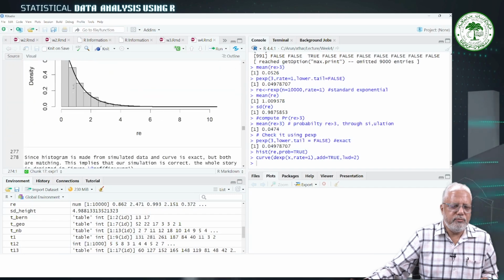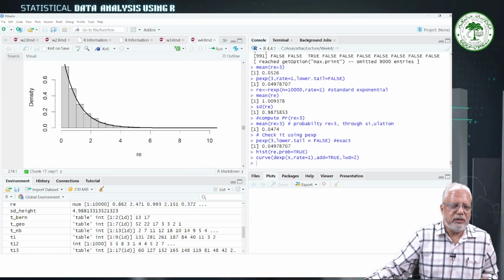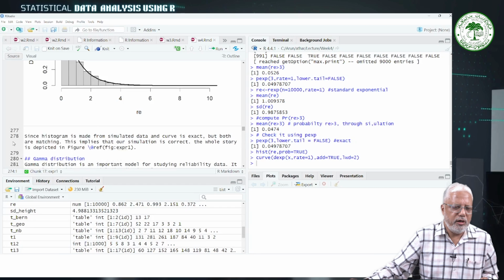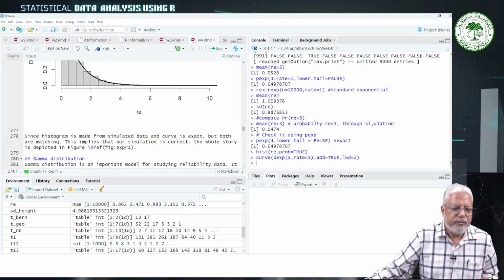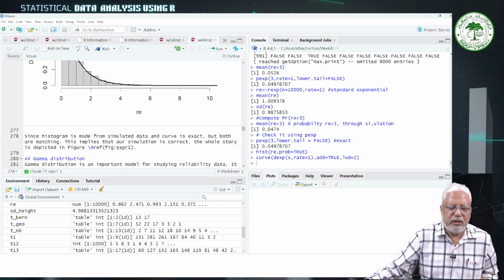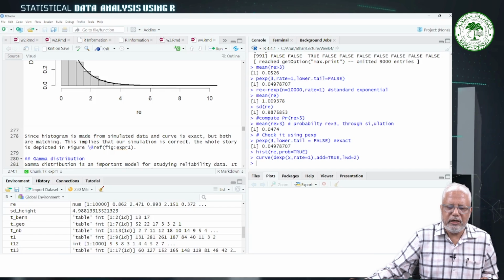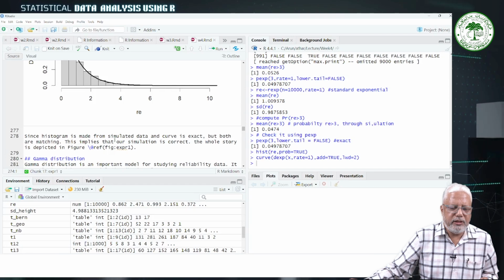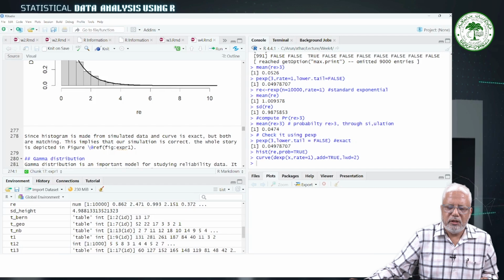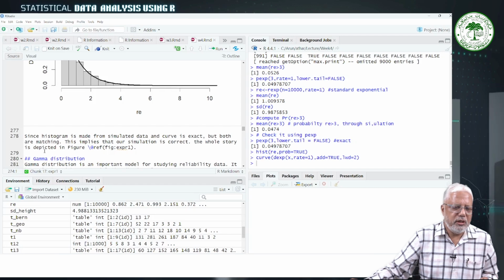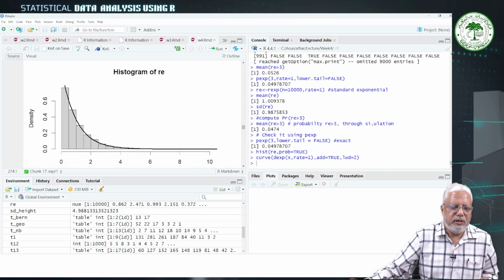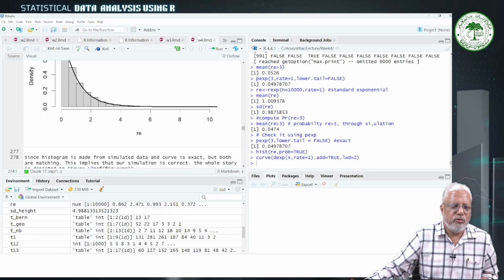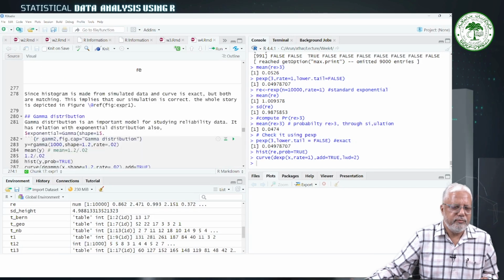This histogram is made on simulated data, and this curve is the exact exponential density plot. Since the histogram is made from simulated data and the curve is exact, but both are matching, this implies that our simulation is correct. The whole story is depicted in this figure.